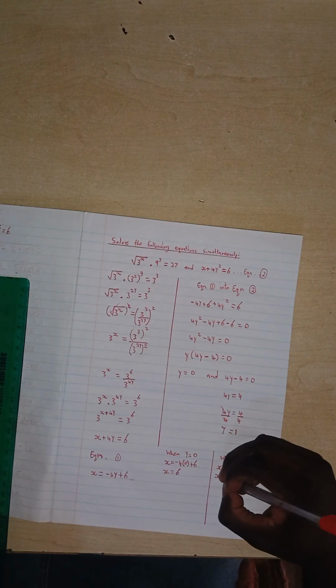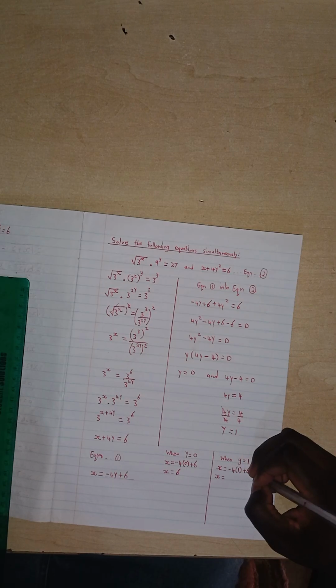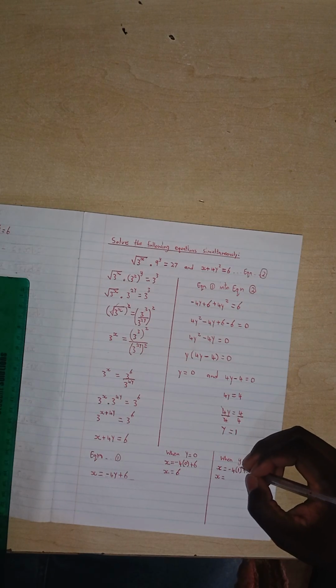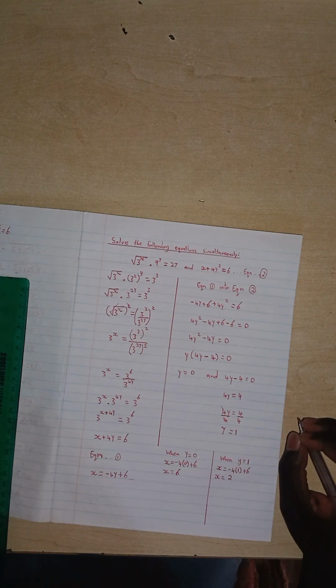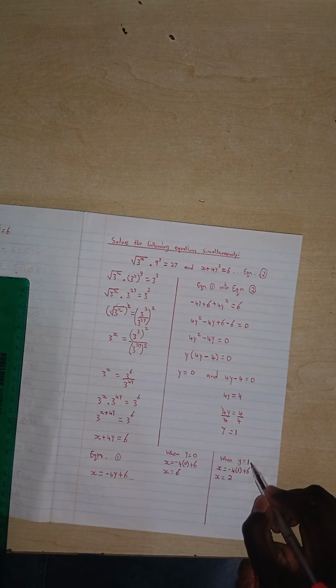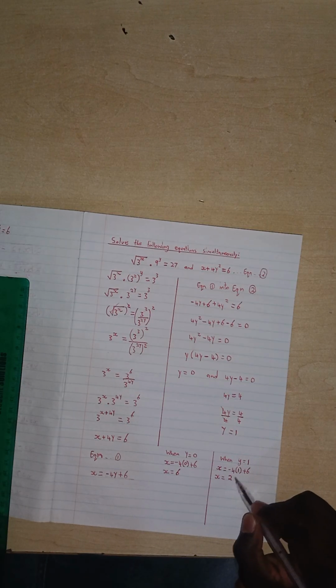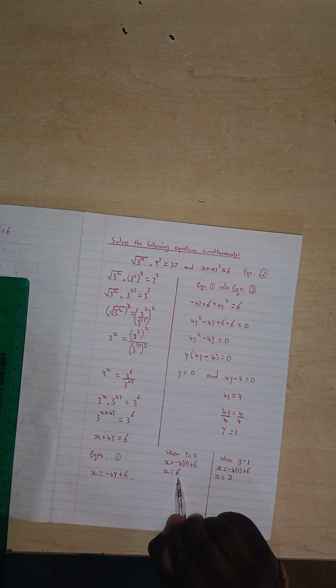Then x is equal to negative 4 multiplied by 1 gives us a negative 4 plus 6. We now know negative 4 plus 6, that's a 2, right? If I'm not mistaken. Meaning we now know that when y is equal to 1, our x is equal to 2. When y is equal to 0, our x is equal to 6.